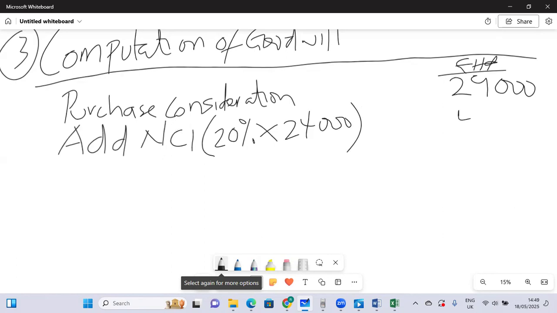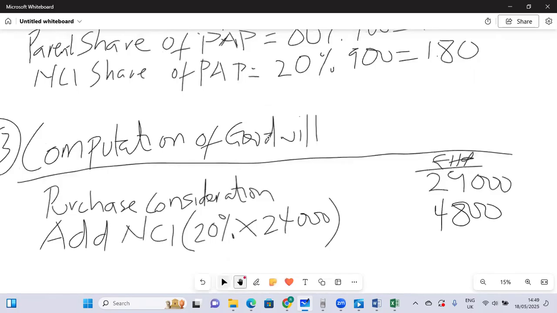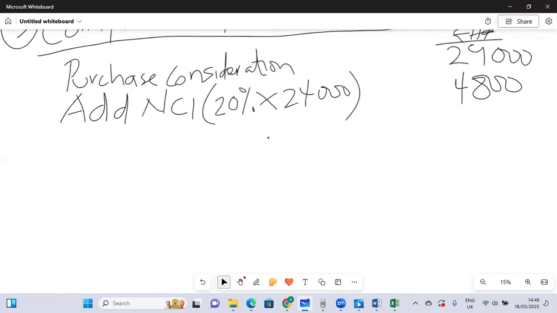And we will have 4,800. This is the proportionate share of the net asset at acquisition. Sorry. At acquisition, we had 24,000. So that's the same thing here. Right. Now, when we add it, we are going to get 3.